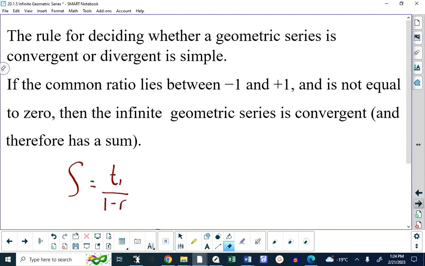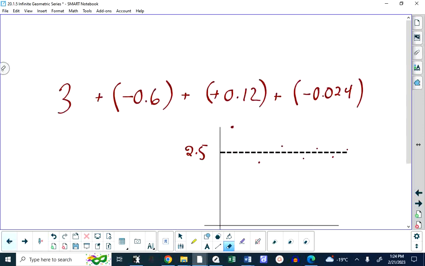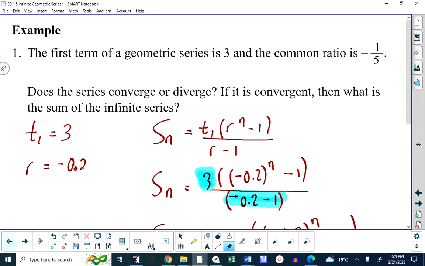We did see, however, I just want to go back and show it to you, in this example, that this had a negative common ratio, and it was convergent. So the bottom line is it has to be a number that's smaller than 1, bigger than negative 1, but not equal to 0.